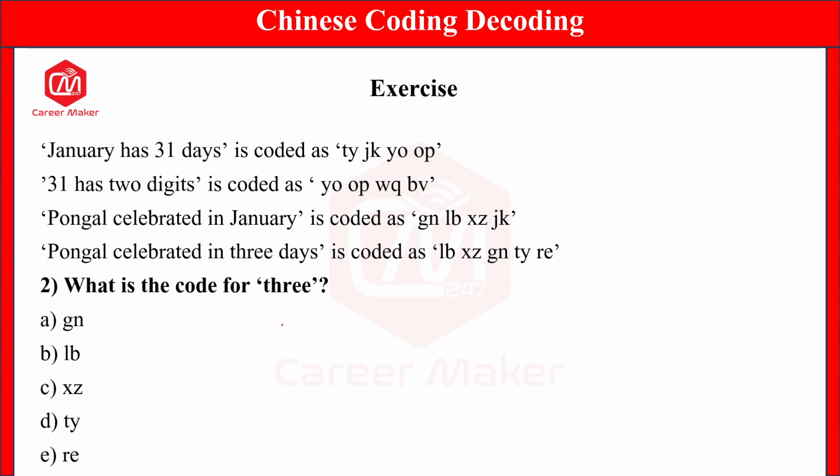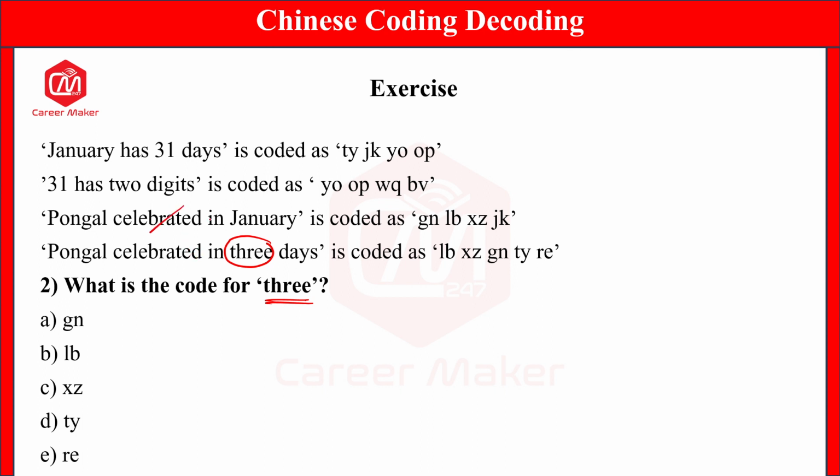Now moving forward, in the next question we have to find the code of 3. So first we need to check in which particular line 3 is written. I can see 3 is written here. Now as we don't have 3 anywhere else, how we can eliminate the option is very important to understand.